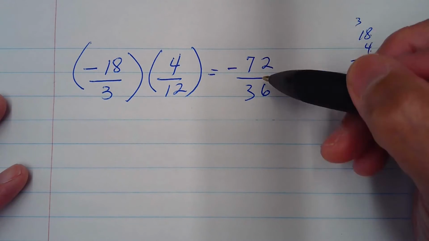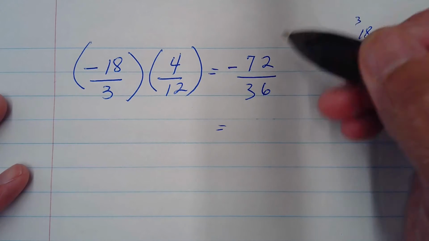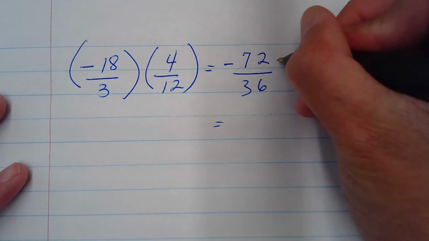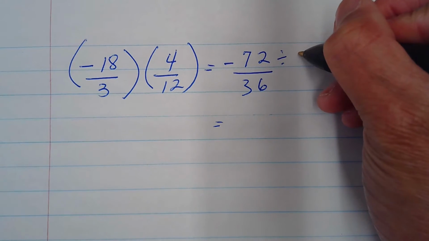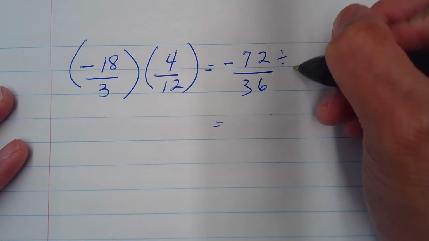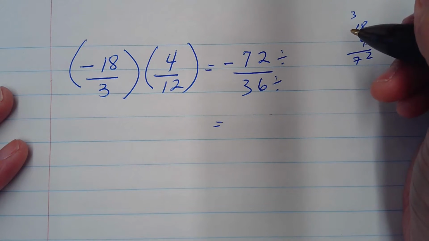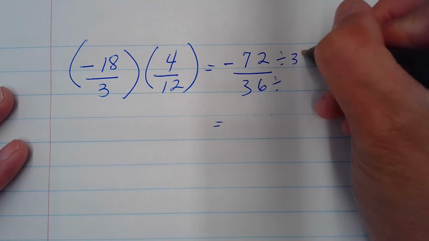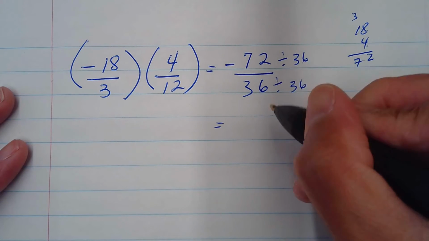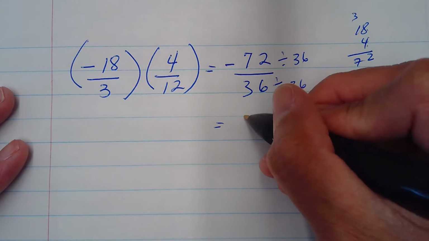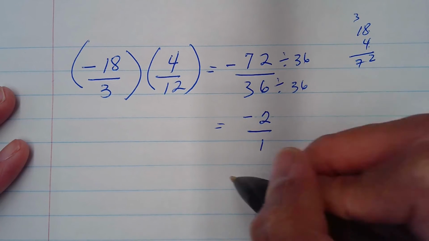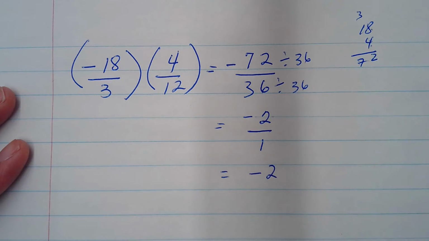Then from here, I can see I can reduce these. You could divide by 2, you could divide by 6, you could divide by 36. So that's going to give us negative 2 over 1, which is negative 2.